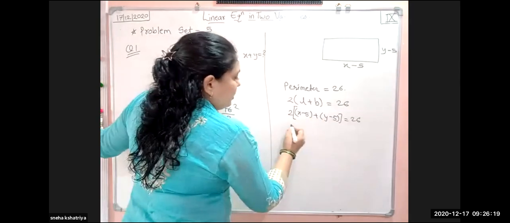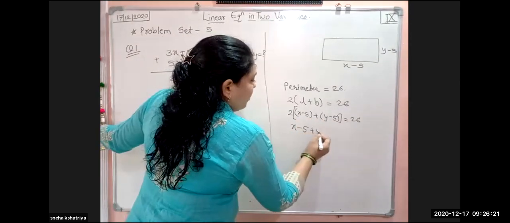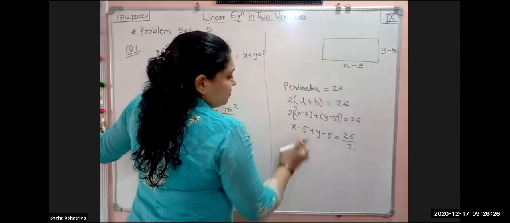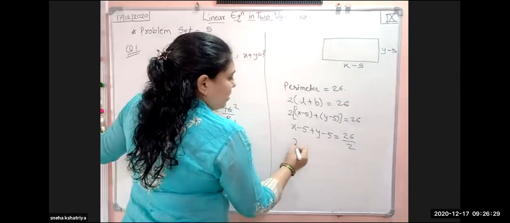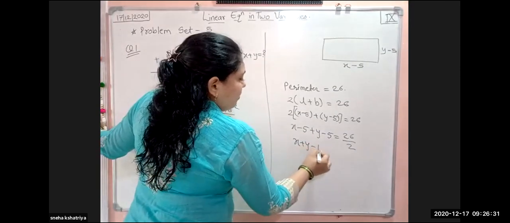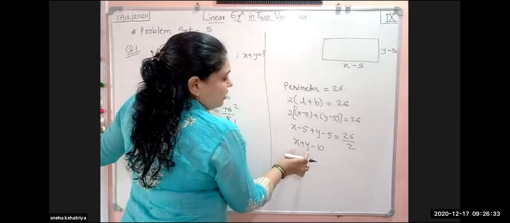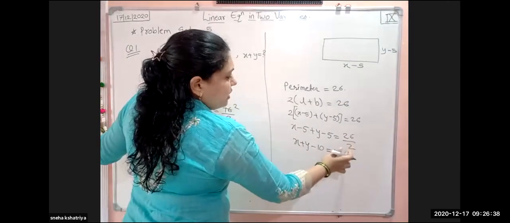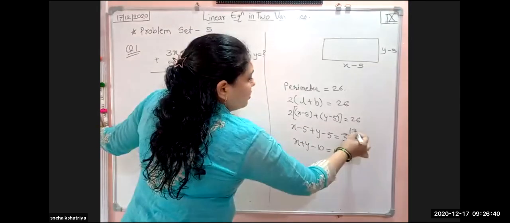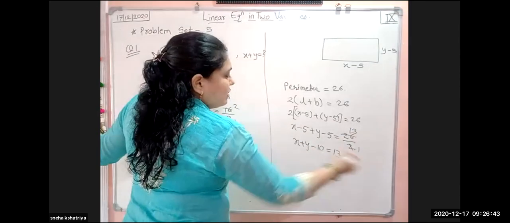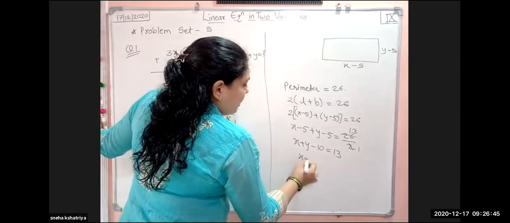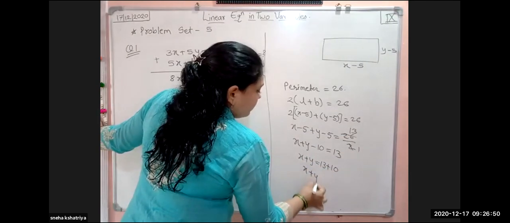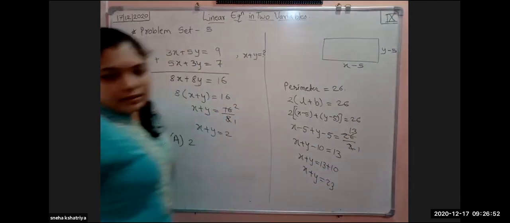So it becomes 26 divided by 2, which is 13. So x minus 5 plus y minus 5 is equal to 13, because 2 ones are 2, 13s are 26. Minus 5 minus 5 is minus 10, so x plus y minus 10 is equal to 13. Plus 10 shifts to the right side. So x plus y is equal to 13 plus 10. So x plus y is equal to 23.